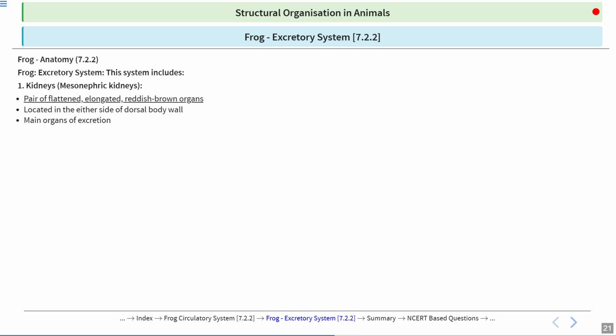It filters blood and produces urine. In the blood, there are all the nitrogenous substances. Once the blood gets filtered, there is a process of selective reabsorption, then there is secretion, and what you get at the end is the urine, right?